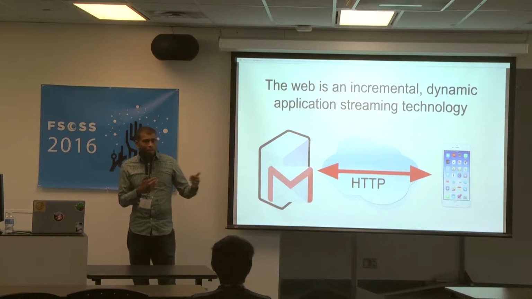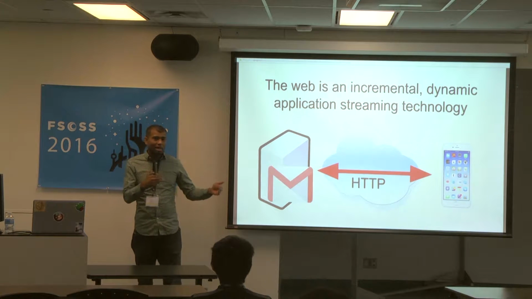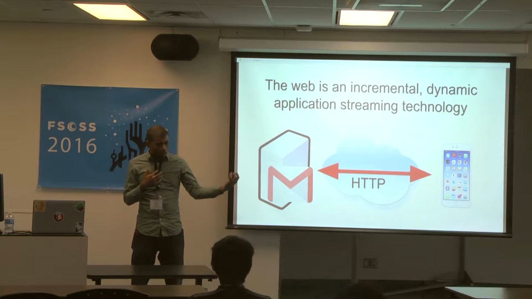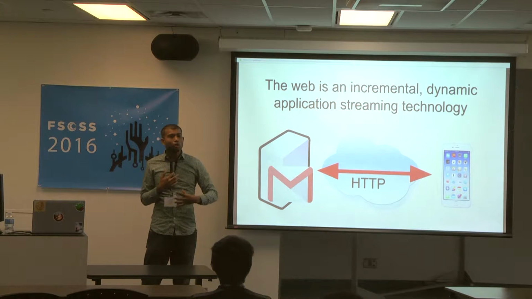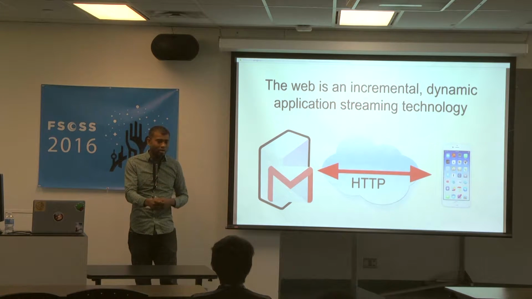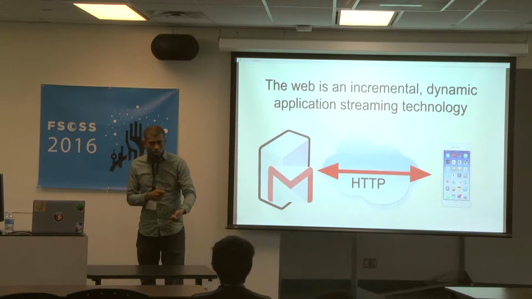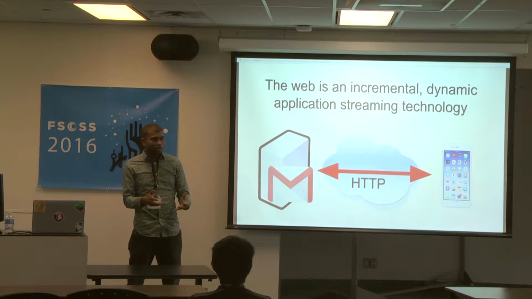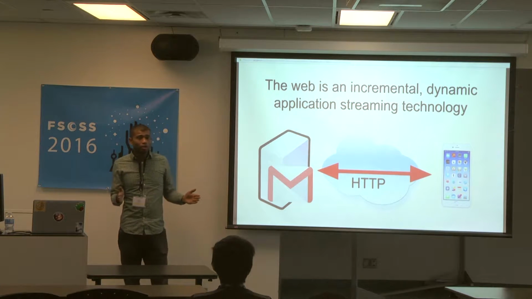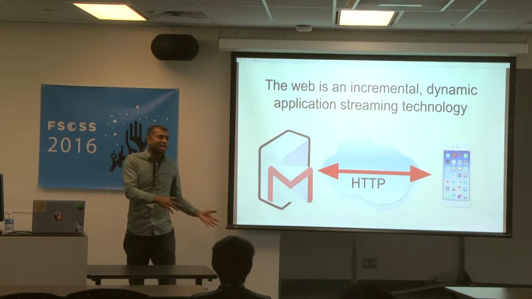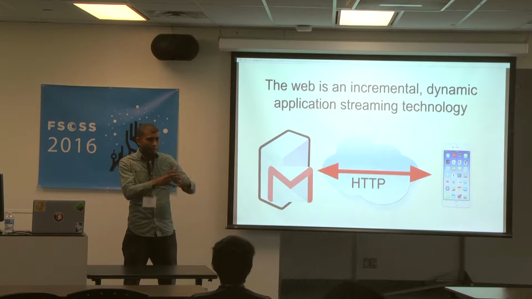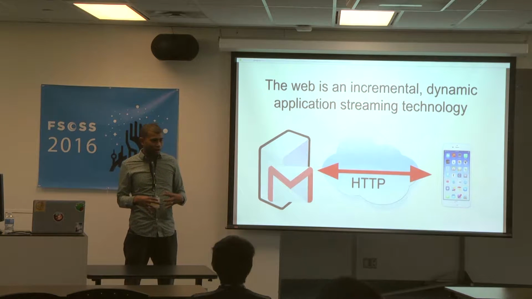So it's a really powerful, flexible application streaming model where a server can send you an application in bits and pieces dynamically in response to the way you use that application, and that leads to very good responsiveness without this pre-investment of downloading an app and downloading all of it and have that code running on your system.